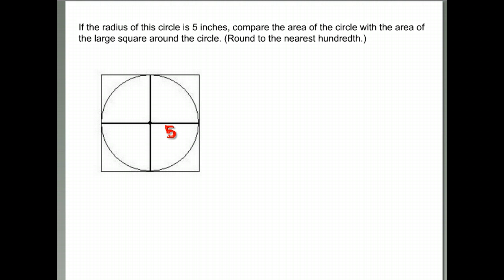As you can see, I've marked there, it said the radius of the circle is 5 inches. So let's compare them. What would the area of the circle be? So let's start with that. We know the radius of the circle is 5. What would that make the area of the circle?